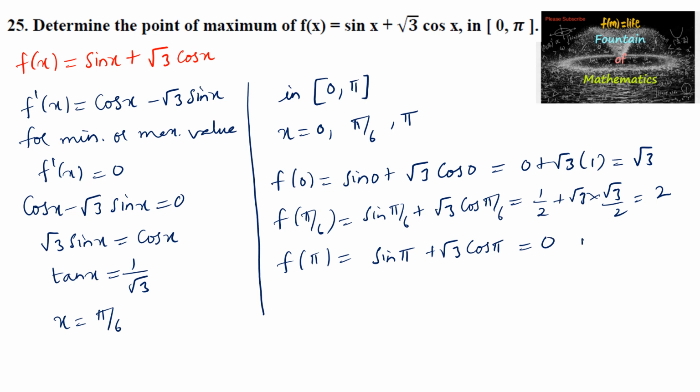Sin pi value is 0 plus root 3 into cos pi value is minus 1, so minus root 3.